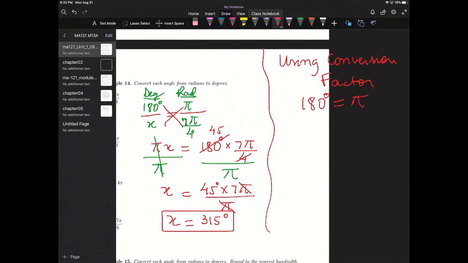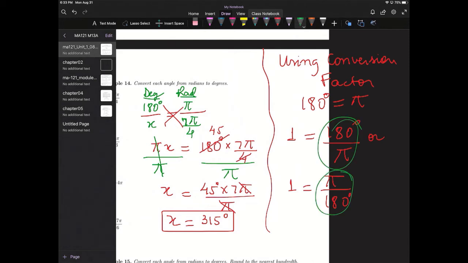So if this is true, it means the 1 is the same as 180 degrees divided by pi, because if they are the same, it's like I'm dividing the same number, the result should be 1. Or you also have that 1 is the same as pi over 180. So you could use one of these fractions to do the conversion.